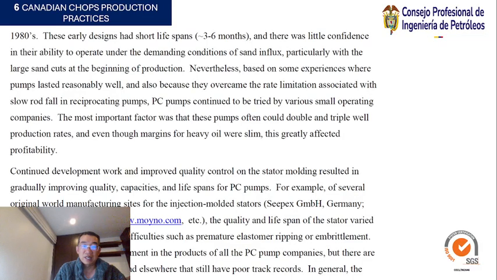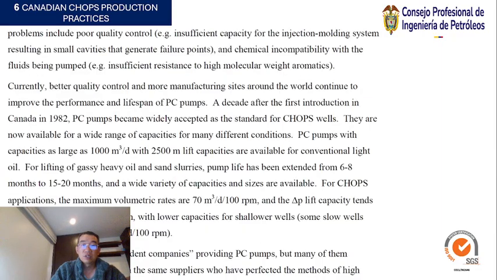Competition has led to improvement in the products of all PC pump companies. But there are some manufacturers in China and elsewhere that still have poor track records. In general, the problems include poor quality control and chemical incompatibility with the fluid being pumped.